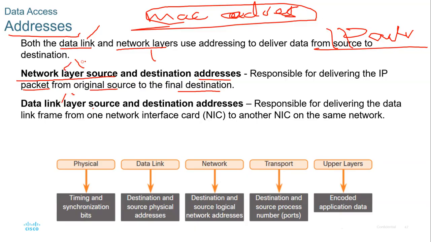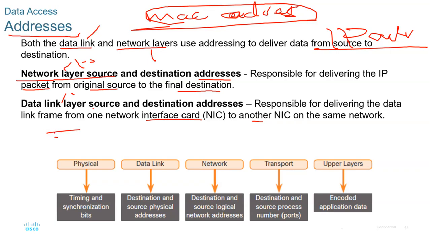At the network layer, those are the IP addresses. The network layer source and destination addresses are responsible for delivering the IP packet from the original source to the final destination. The data link layer source and destination addresses are responsible for delivering the data link frame from one network interface card to another network interface card.